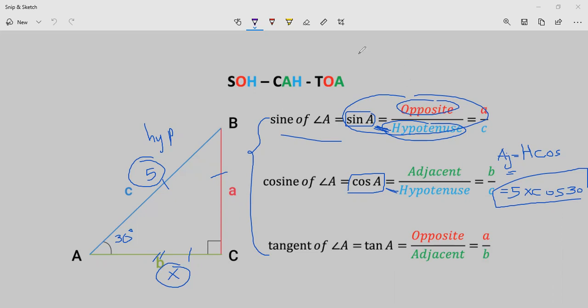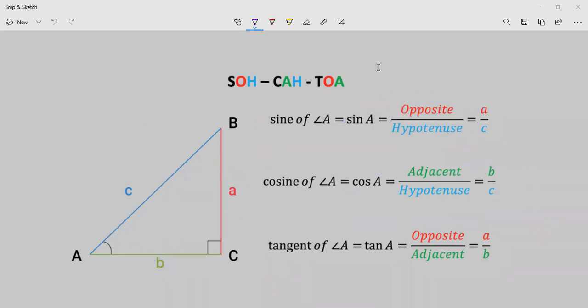So let me write the derived rules from these rules. From the first rule, if you want to find the opposite, which is the missing side, you multiply hypotenuse by sine of angle A. But if you want to find the hypotenuse and you are given the opposite, you directly divide the opposite by the sine of the angle A. Same way here.